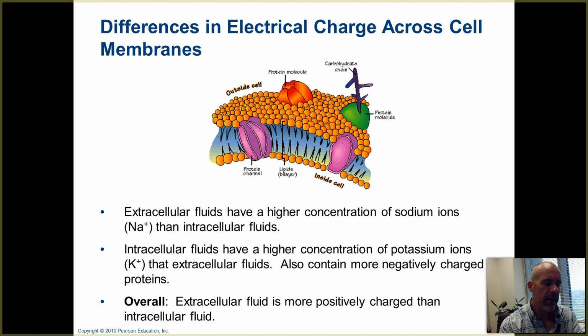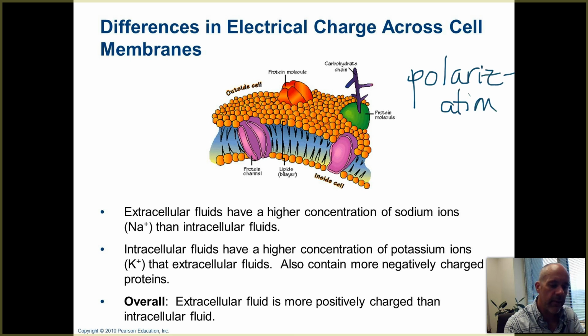All right, so what do we mean by polarization? Polarization is telling you that you have a difference from one place to another, kind of like the North Pole and the South Pole, or a better analogy for what we're covering here would be like a battery.